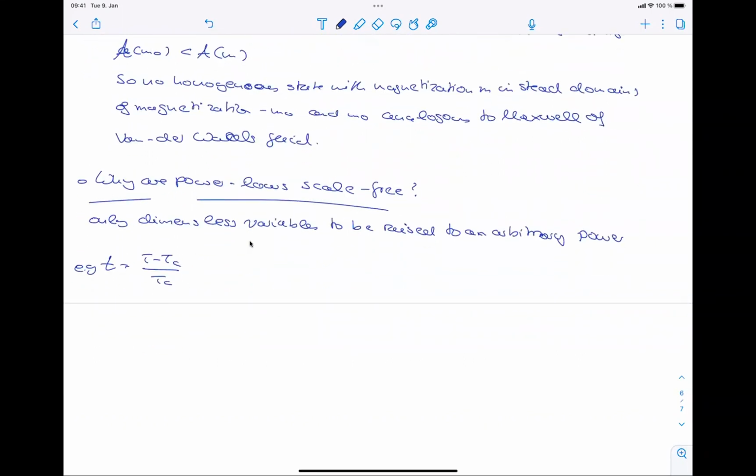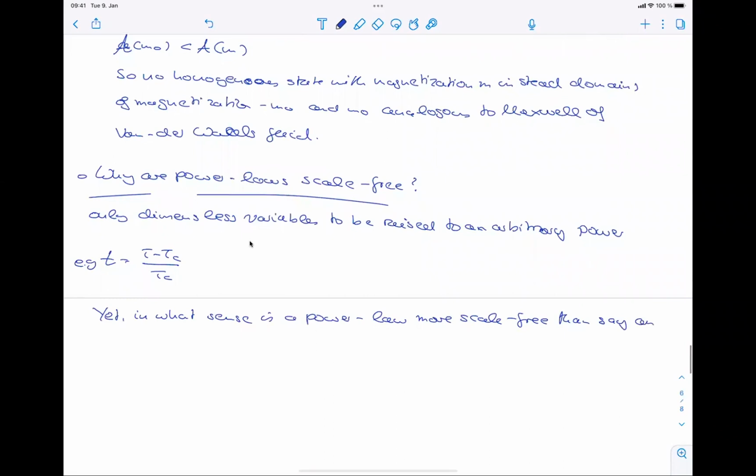So that's the first ingredient. But yet, what does it mean that if I take t to the power half, that makes it scale free? In what sense is a power law more scale free than, say, an exponential?